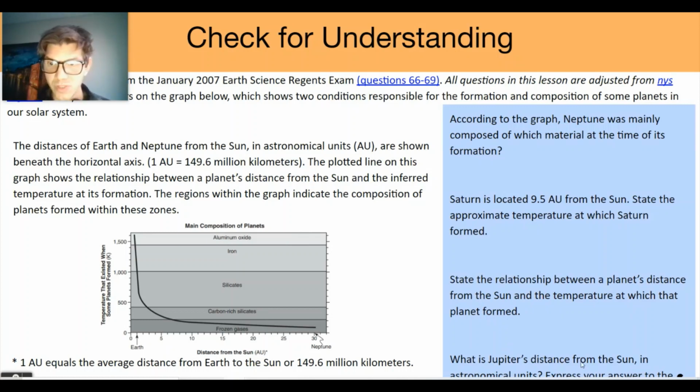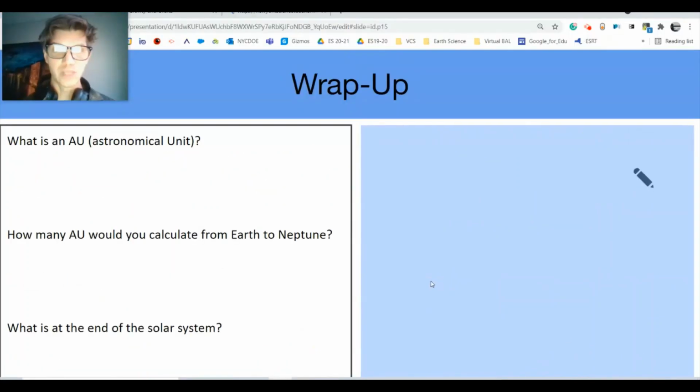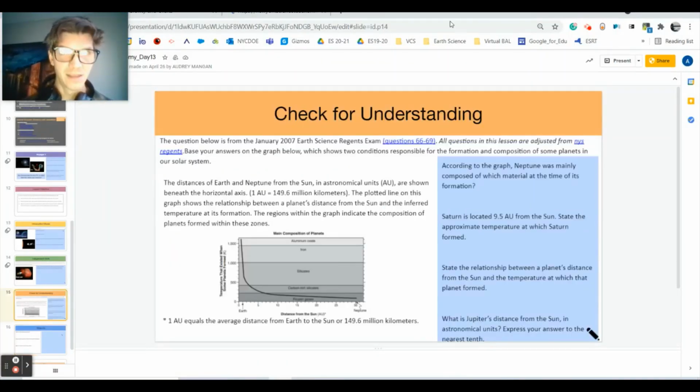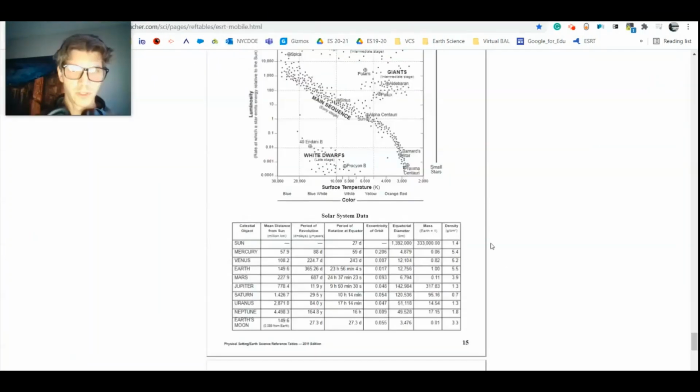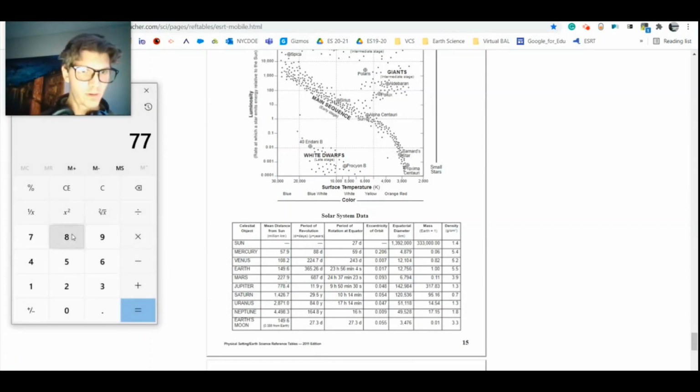And what is Jupiter's distance from the sun in astronomical units? We can look to the good old ESRT to answer that one. So here we see Jupiter's mean distance from the sun in millions of kilometers is 778.4. So I'll plug that into my calculator.